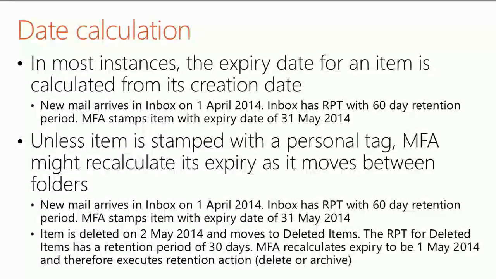The next time MFA comes through, it will notice that a personal tag now applies to that item. A personal tag is superior to a default tag, which is superior to a folder tag. So we'll then recalculate and restamp the item with the different expiry date. Is that clear? Okay, and that's what it says there.